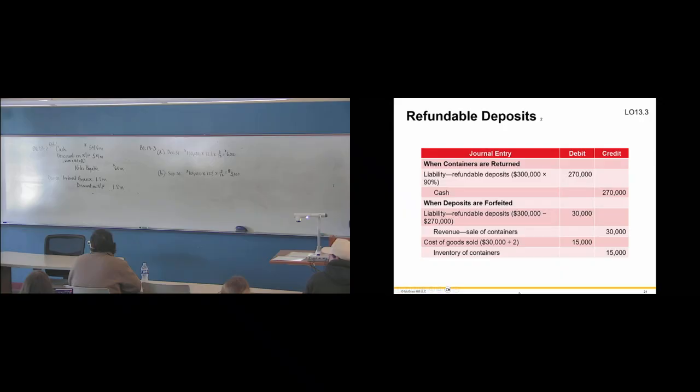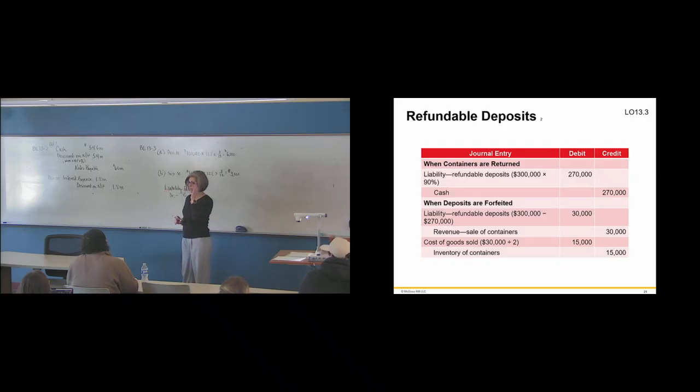When containers are returned. So it says that, actually I'm going to use the T account up here. So when these containers are returned, it says that only 90% of them are returned, right? So 90% of 300,000 is 270.